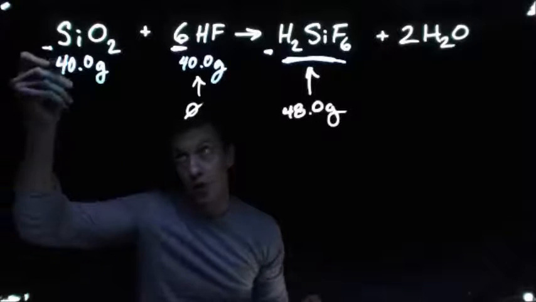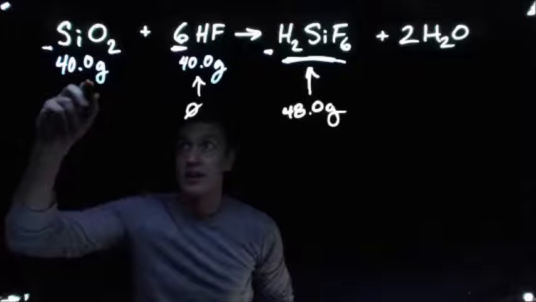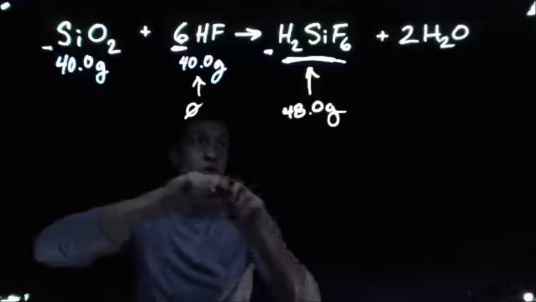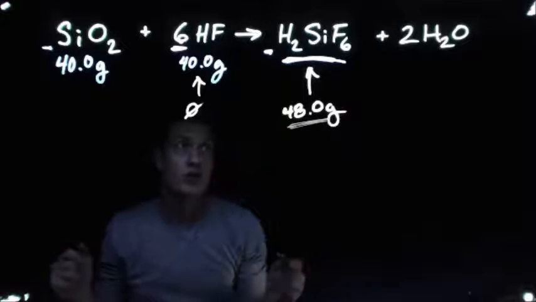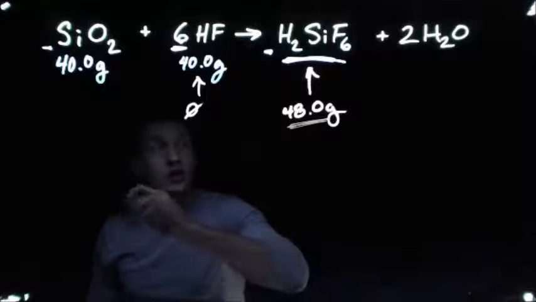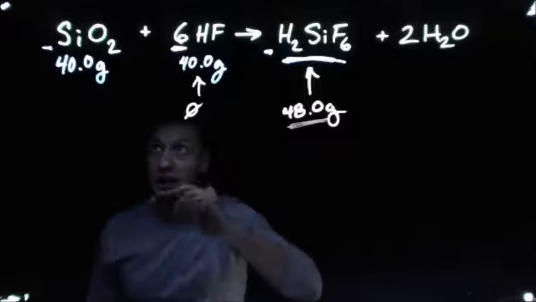So it's not going to be 40 because we're going to take a chunk out of that 40. So that's what we need to figure out, is how much SiO2 will have to be used in order to make 48.0 grams of H2SiF6. So we are going to then do some stoichiometry back to the SiO2.